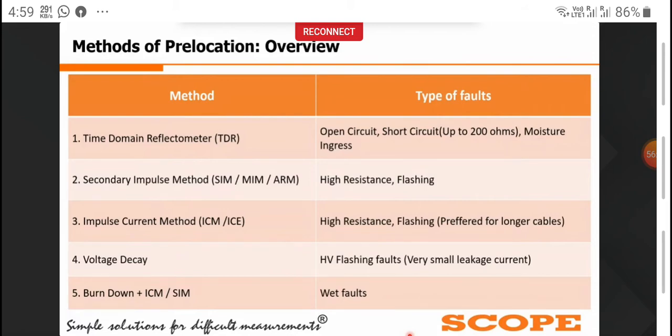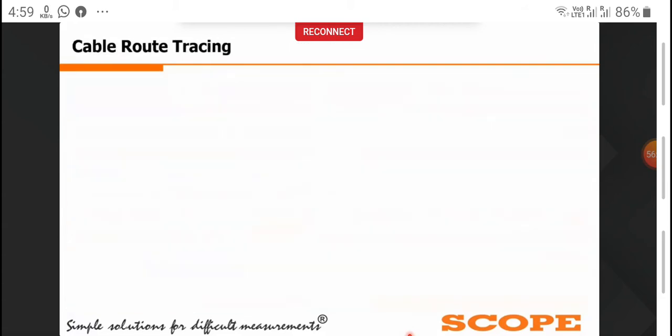After that, if we have moisture ingress or presence of water in the cable, then we have to do the burn down first, and after that, by using either the ICM or SIM method, we can relocate the fault distance. So in the prelocation stage we get the search window.